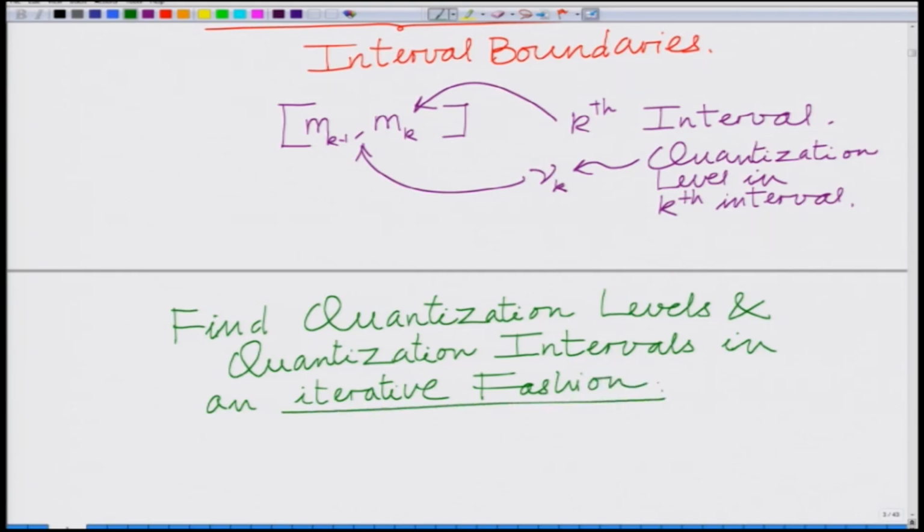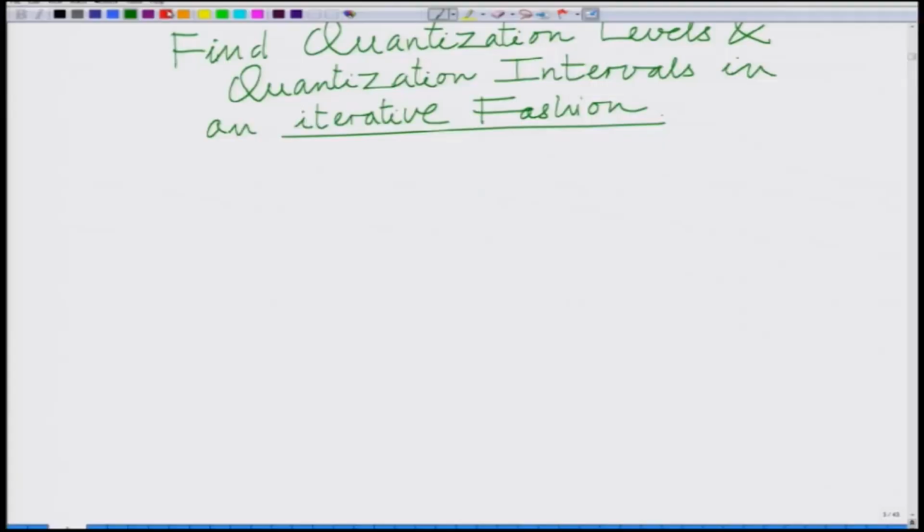What do we mean by iterative? Given the intervals, we will find the optimal quantization levels. Given the optimal quantization levels, we will find the optimal quantization interval boundaries.